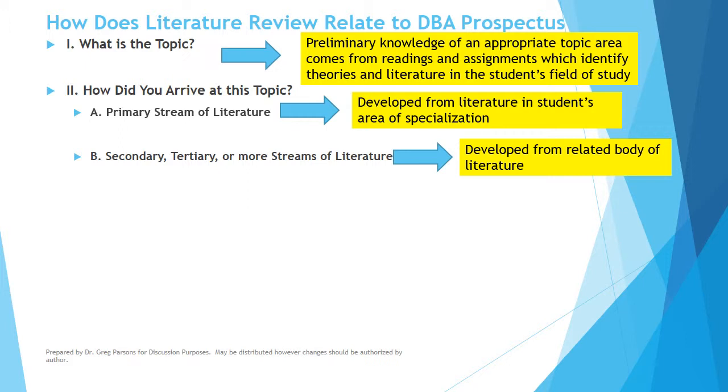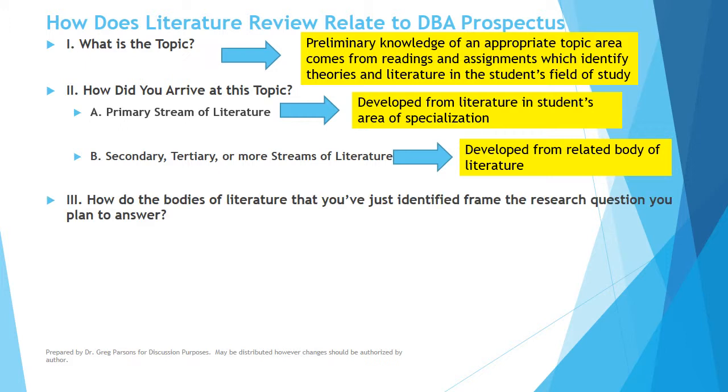Generally, we want to have 2 streams of literature that are going to be related to each other in your original research, but you probably don't want to have a lot of streams because you're going to have to demonstrate that you're an authority in all those particular areas.